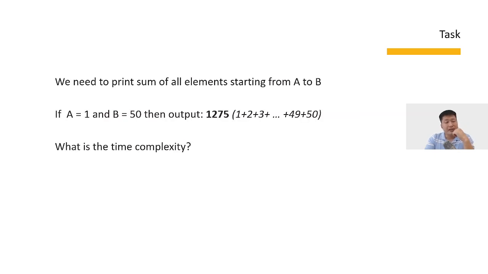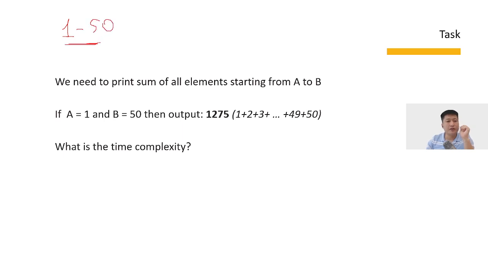So for example, guys, let's discuss the first example. We need to print the sum of all elements starting from A to B. Let's take it simply: the task is to find the sum of numbers from 1 to 50.